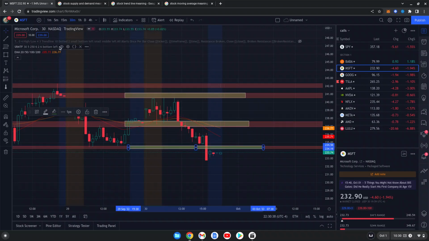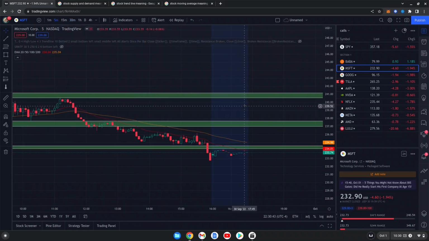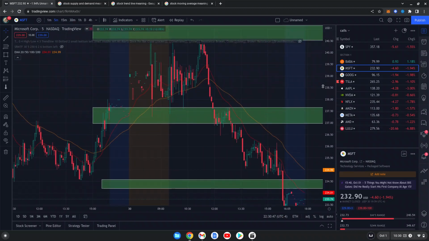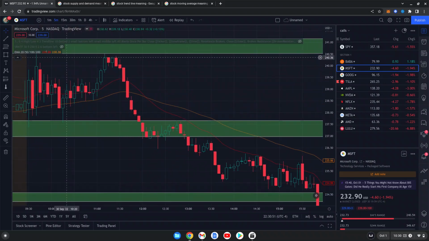So we set these zones, hide this, and we come into our 5-minute and we see when the stock enters our zone, like it does right here.